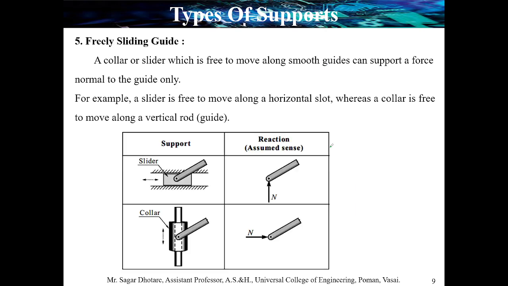Next one is a freely sliding guide. This kind of example we can see in a piston connecting rod, or the injector of a syringe, where you can find the sliding support, a freely sliding guide.